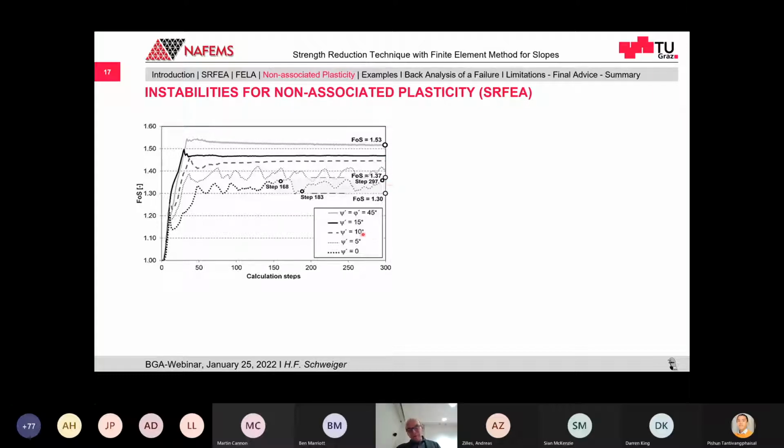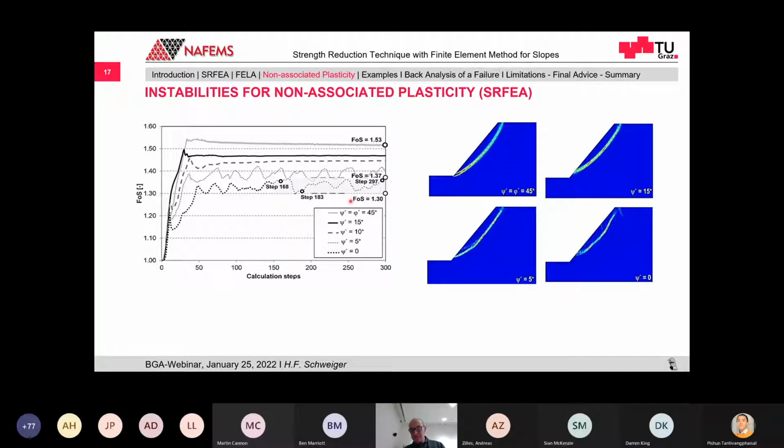Now, once we go to the extreme end of the dilatancy angle, you see that we cannot obtain the solution I said before we should aim for. So you get a steady factor of safety, but it goes up and down. And the reason is because in that case, different failure mechanisms due to the non-associativeness of the problem compete with each other.